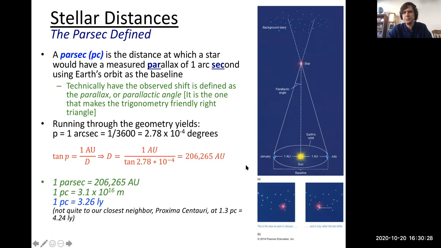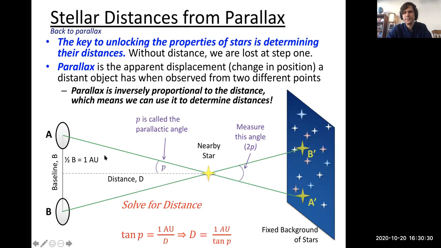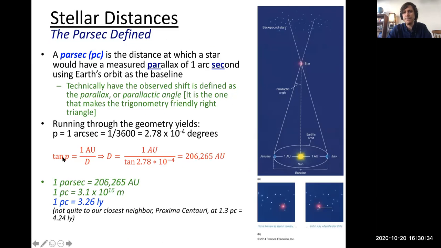So I had this cartoon right here, where what is our baseline? Well, our baseline is going to be Earth's orbit itself. So it's orbiting around the sun. And we're going to measure our nearby star, say in July, and see that it looks like it's hanging out over here with these background stars.